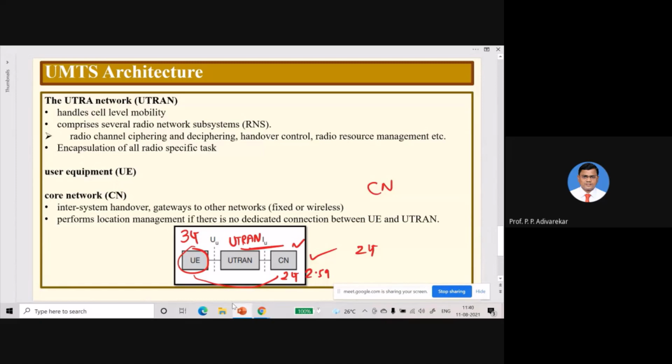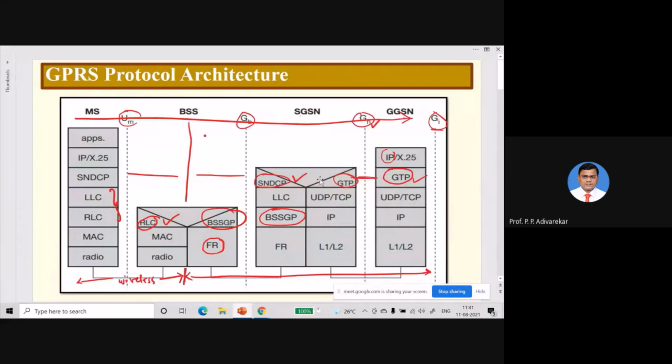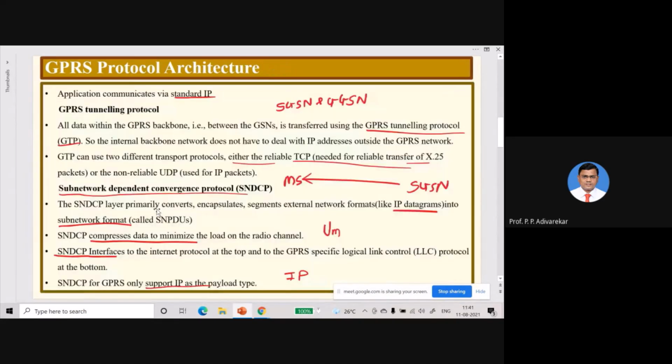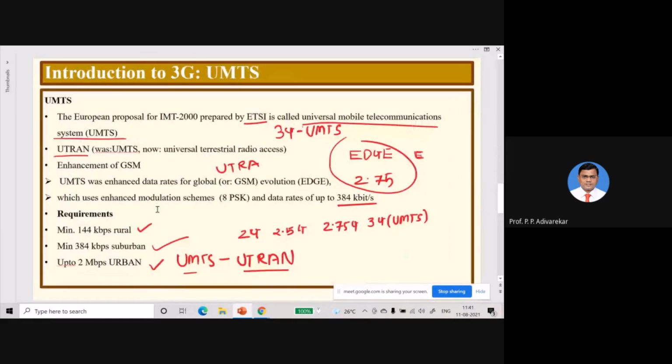What we have seen today: the protocol stack and its components, that is GTP, SNDCP, BSSGP, FR, RLC, and LLC. Then we have seen the details of those components, and the introduction to the 3G technology, that is UMTS.